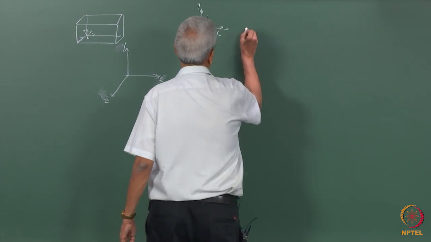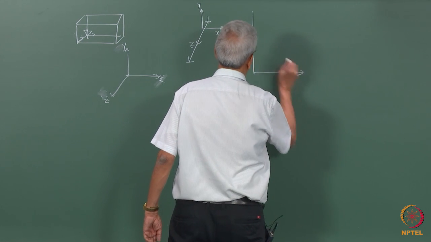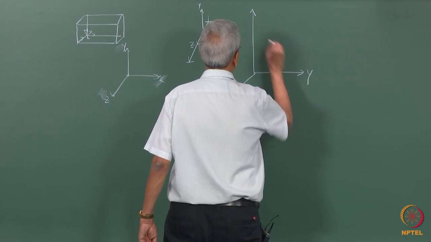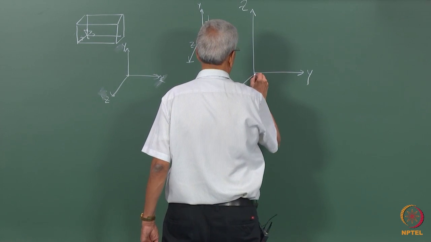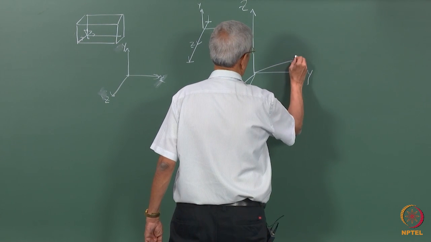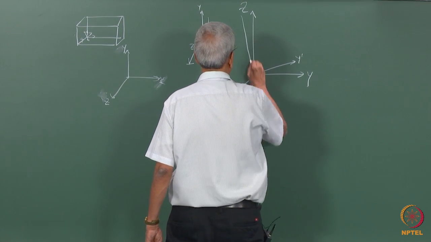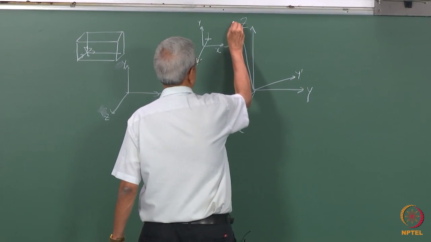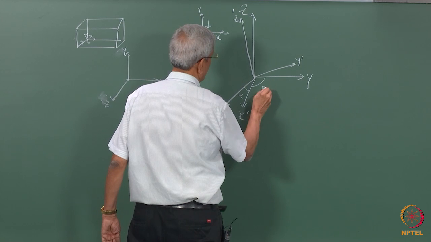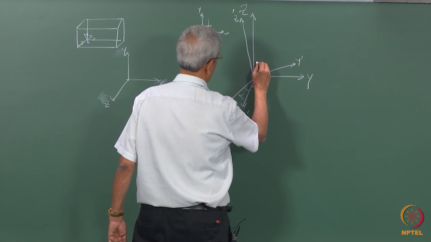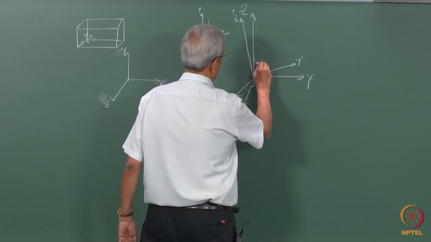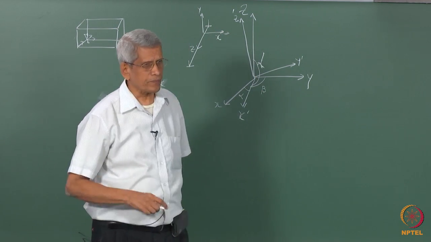This is z dash, and this is alpha, this is beta, and this turns out to be gamma.